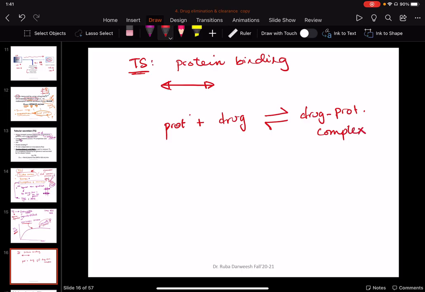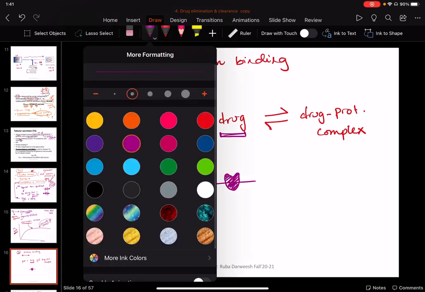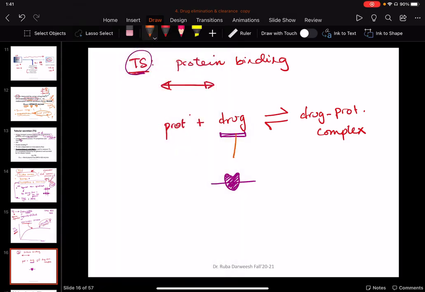And if we are talking about tubular secretion, we usually need the free drug. The free drug is what will bind to, let's say, the transporter. We need the drug to bind to the transporter to go through the membrane and be transported through active processes, right?